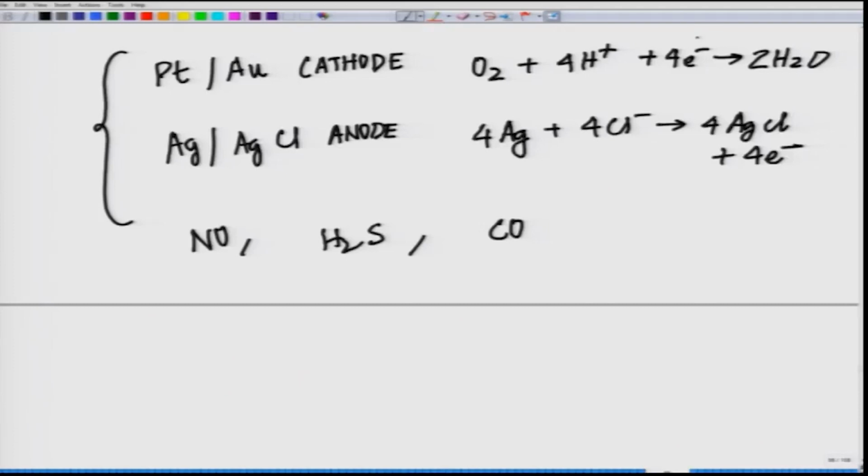And you could see, at the cathode, if this oxygen concentration goes up, automatically your current is going to go up. Okay.